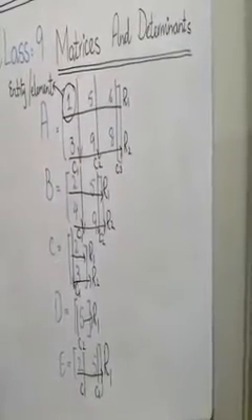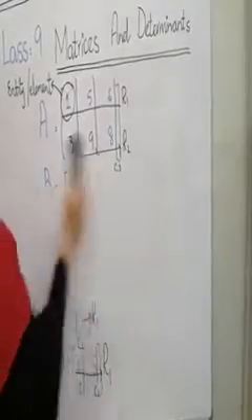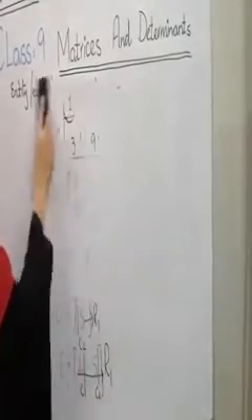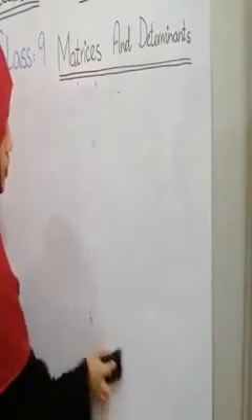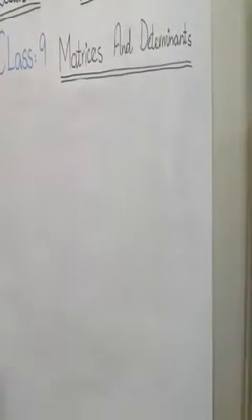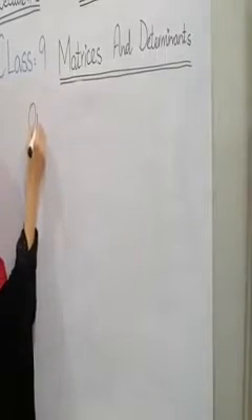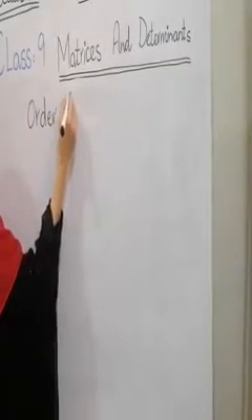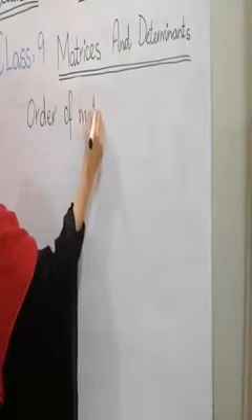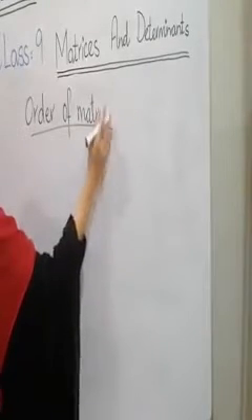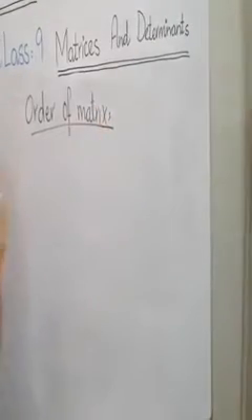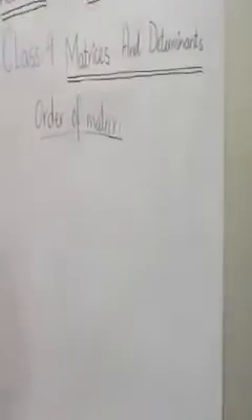Now move on. Another concept is the order of a matrix. Okay, what is the order of a matrix? When we talk about the order, it means we have to tell its number of rows and number of columns.